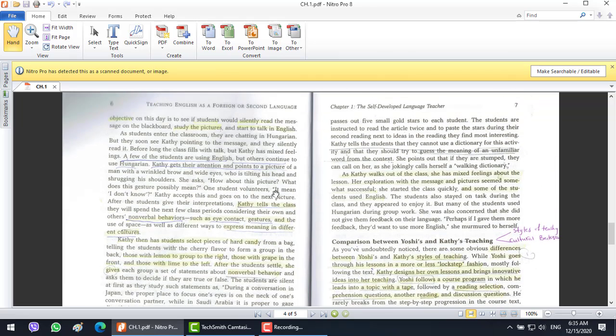Here we have the end of this section about Cathy's class. As Cathy walks out of the classroom, she has mixed feelings about the lesson. Her exploration with the message and the pictures seems somewhat successful. She started the class quickly, first of all, and some of the students used English.